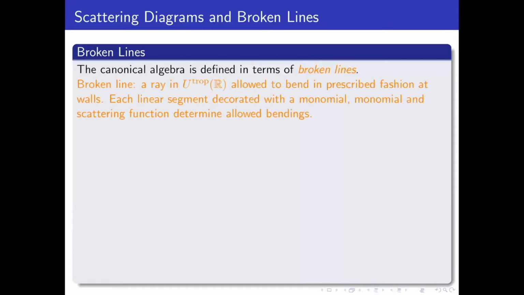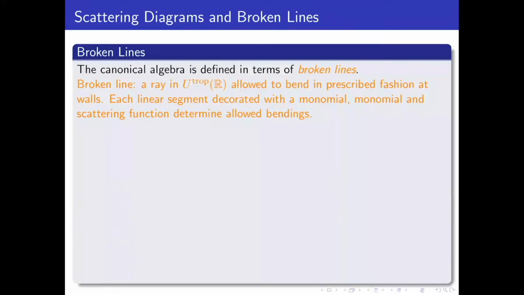So roughly speaking, a broken line is a ray in U trop R that's allowed to bend in some prescribed fashion at walls. So I mentioned that U trop R is a piecewise linear manifold. So it wouldn't even make sense to talk about just a ray in the usual sense.